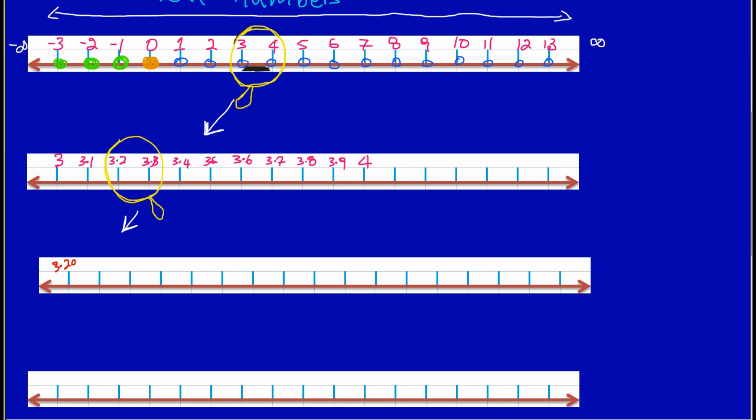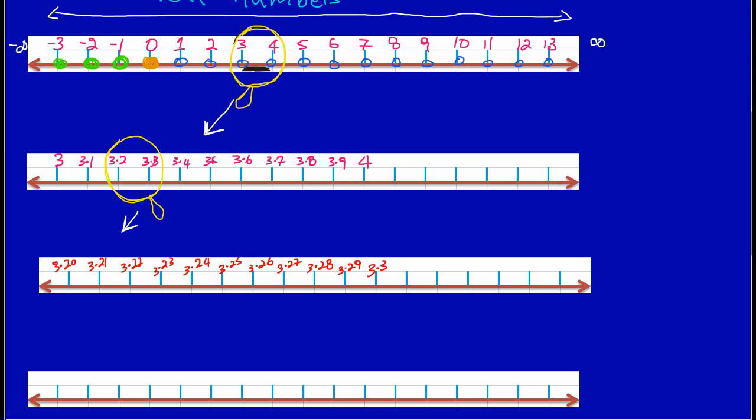Now here I would move up to 3.21, then 3.22, then 3.23, then 3.24, then 3.25, then 3.26, then 3.27, then 3.28, then 3.29, and then 3.3 right there.